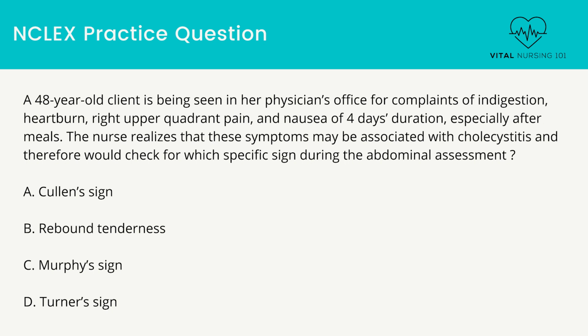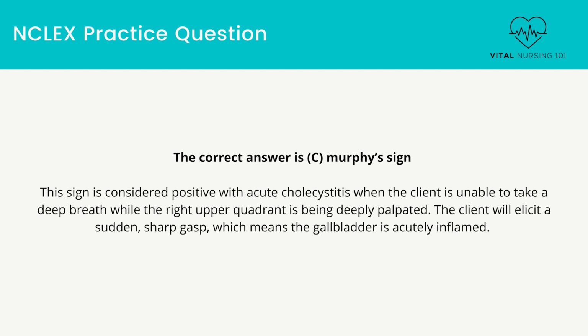Cullen's sign, rebound tenderness, Murphy's sign, Turner's sign. The correct answer is Murphy's sign. This sign is considered positive with acute cholecystitis when the client is unable to take a deep breath while the right upper quadrant is being deeply palpated. The client will elicit a sudden, sharp gasp, which means the gallbladder is acutely inflamed.